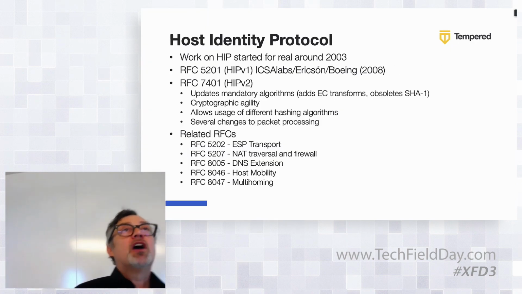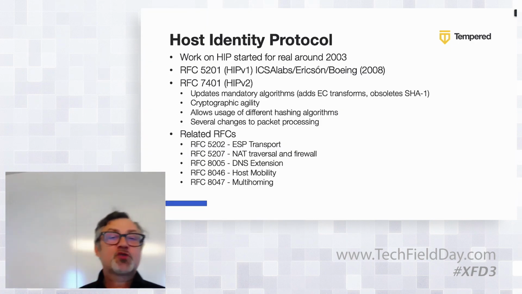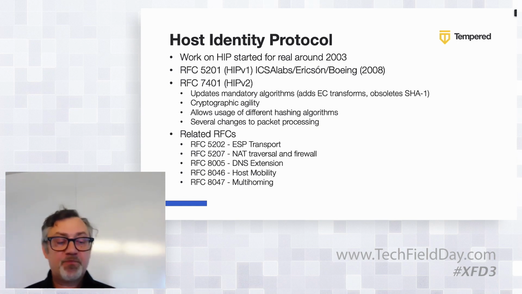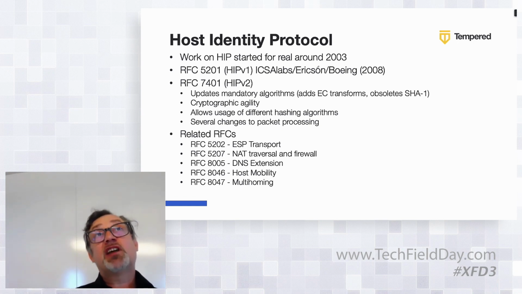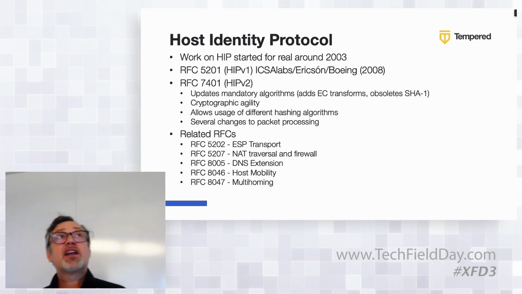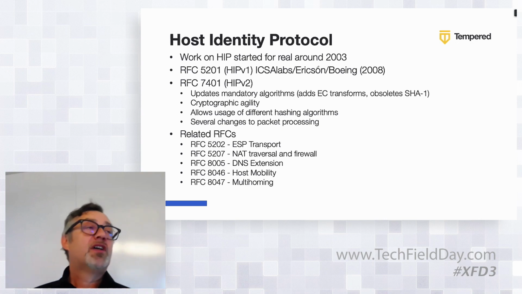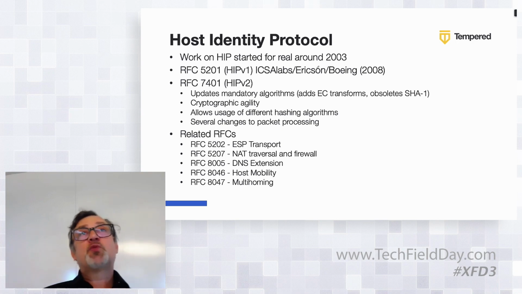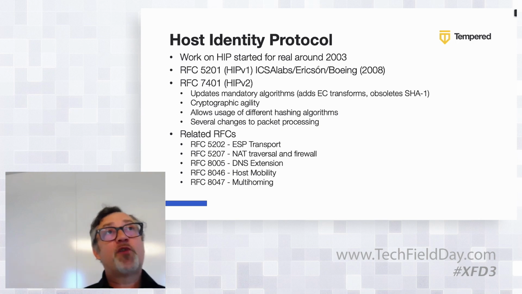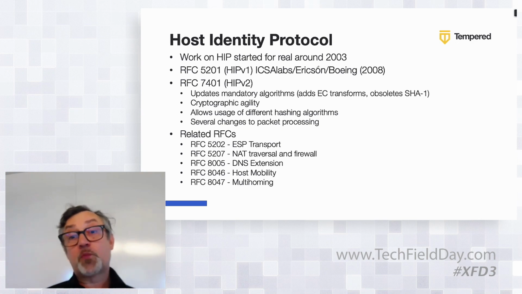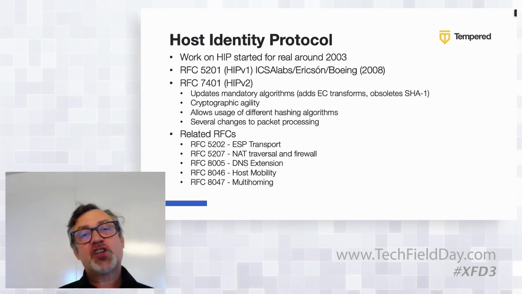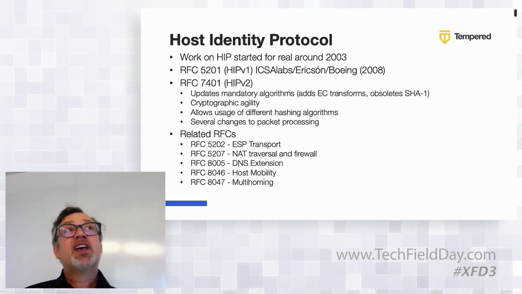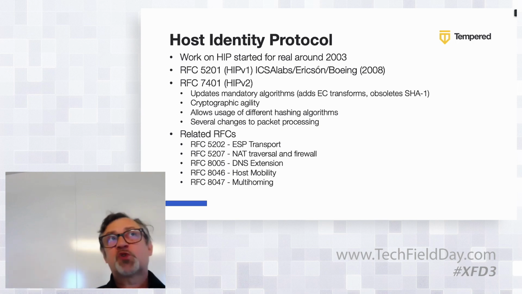All right, so a few words about the actual protocol standards. The work on HIP started to get into gear for real around 2003. RFC 5201 is the first standards document for what is today called HIP v1. This was followed up in 2015 by RFC 7401, which covers version 2 of the protocol standard. The major changes between the two versions are essentially all around cryptographic agility.